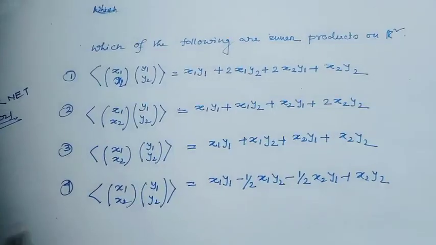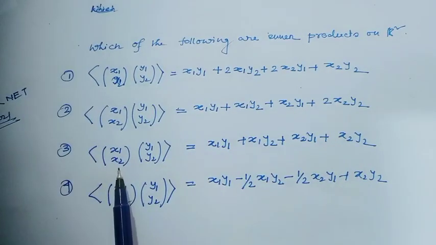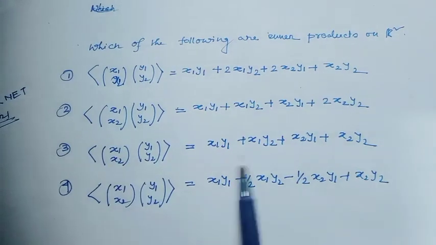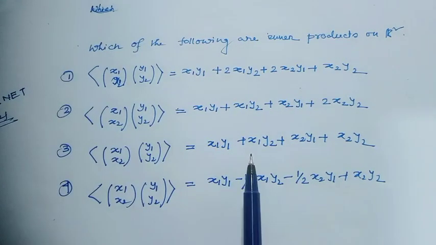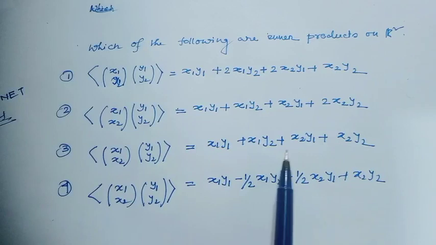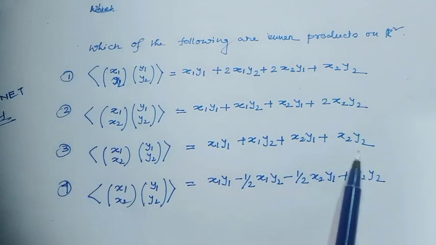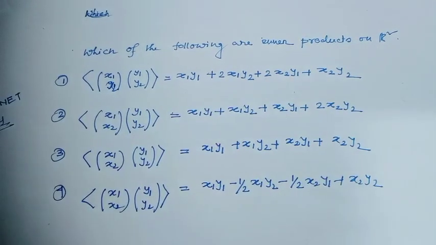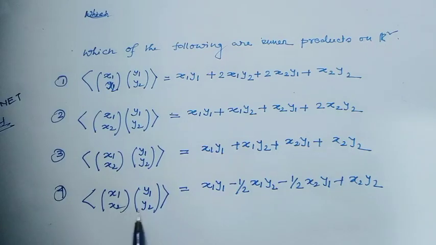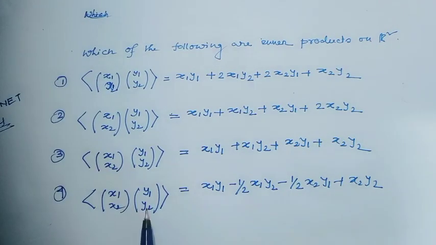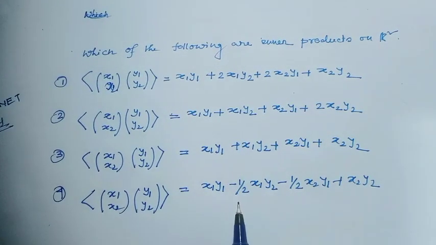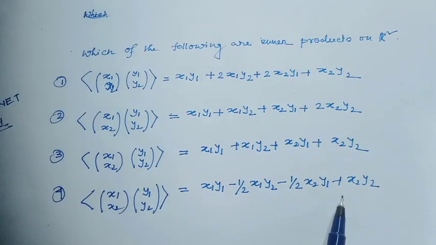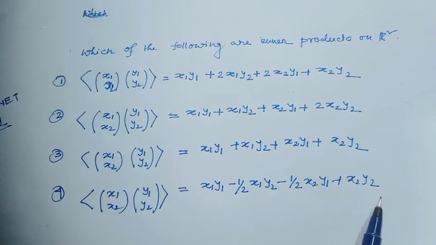Option 3: inner product equals x1 y1 plus x1 y2 plus x2 y1 plus x2 y2. Option 4: inner product equals x1 y1 minus half x1 y2 minus half x2 y1 plus x2 y2.